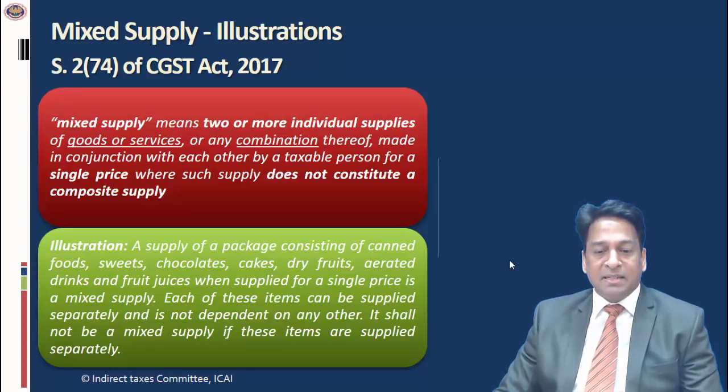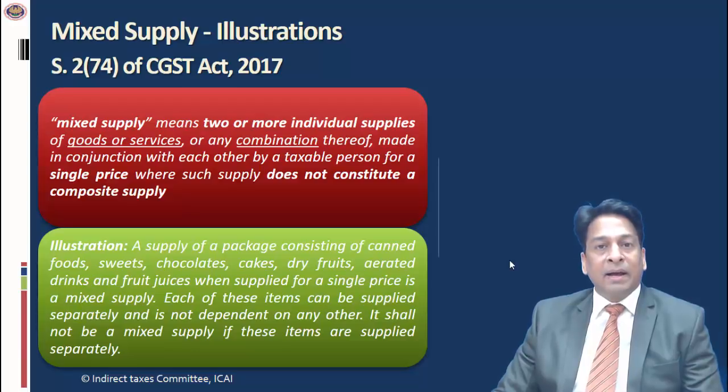Mixed supply means two or more individual supplies of goods or services, or any combination thereof, made in conjunction with each other by a taxable person for a single price. Please pay attention. It says for a single price, where such supply does not constitute a composite supply.